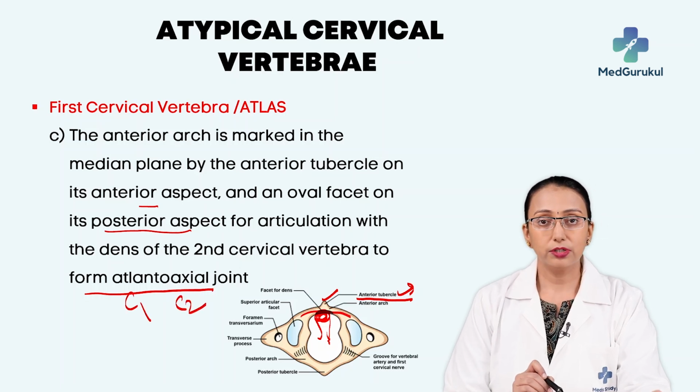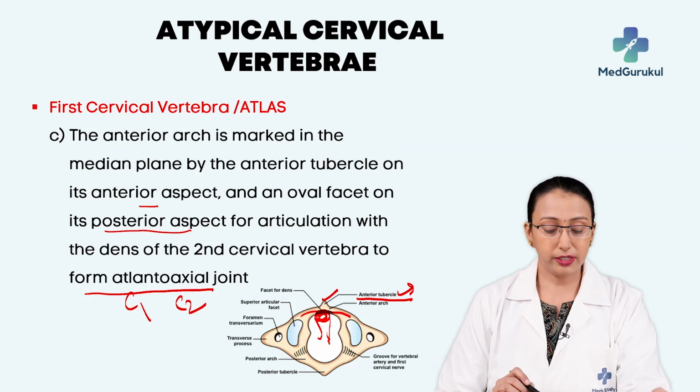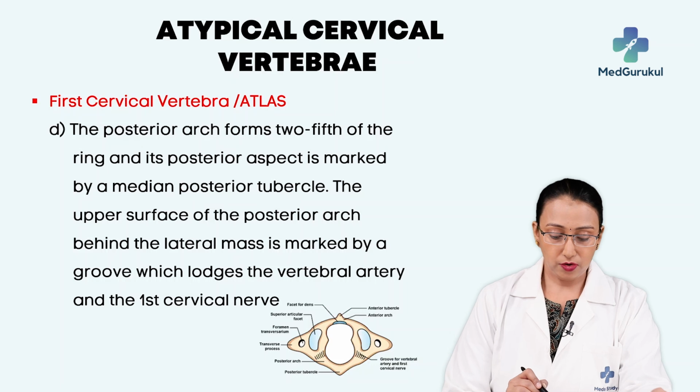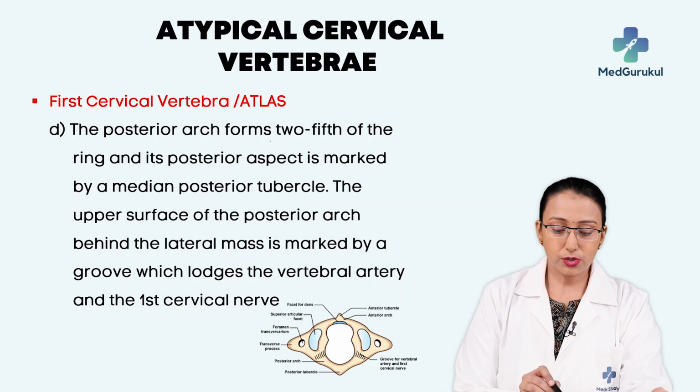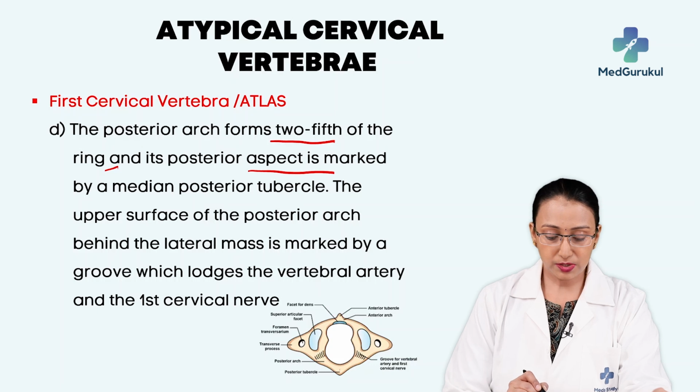Between these two there will be the atlantoaxial joint. This forms a pivot type of joint for the rotatory movements, that is a no. So, when we rotate our neck to say no, the joint which is acting is the atlantoaxial joint.